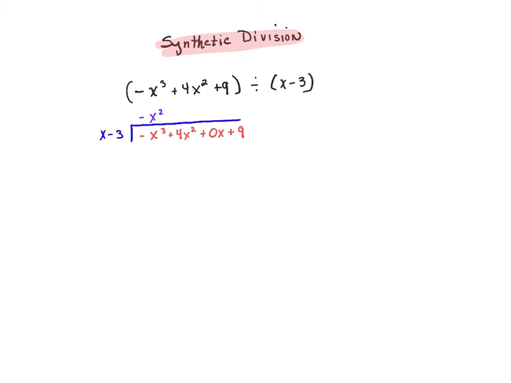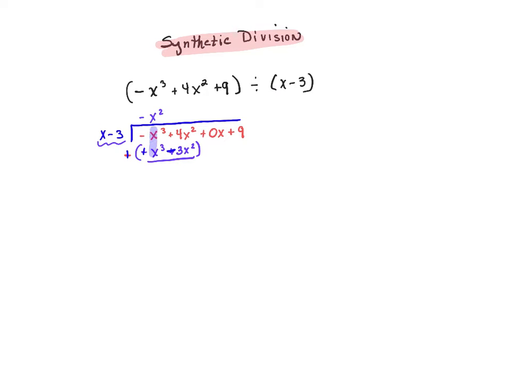And I distribute that to the x minus 3, and I get negative x cubed, I get positive 3x squared. Now don't forget, now we subtract this entire line. And I said yesterday, lots of times what I do is make this a plus and then flip all these signs. And that's how I can keep track. So I'm just adding vertically at this point.